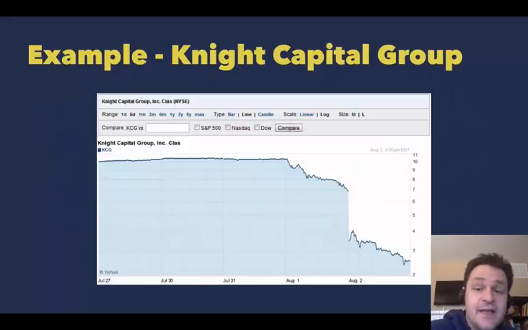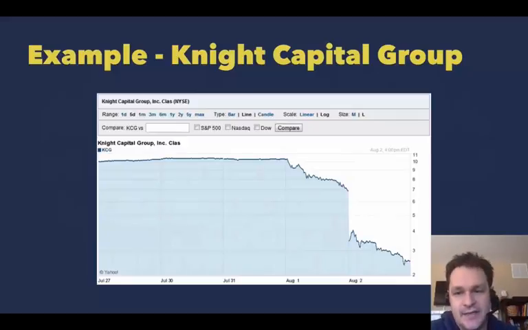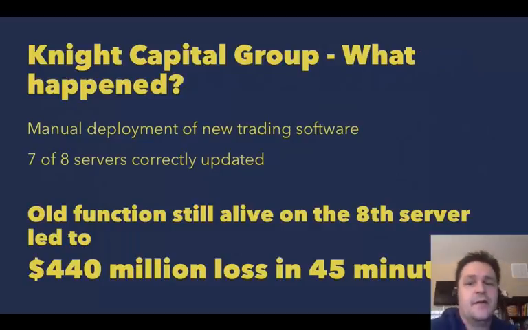Let's take a specific example. There's a company called the Knight Capital Group, and they're one of those companies that's doing high-speed trading and things like that. And this is a graph of their stock price on August 1st of a few years ago. So what happened? They were manually deploying some new trading software. And they had 8 servers running this software, but they did it in a manual way.